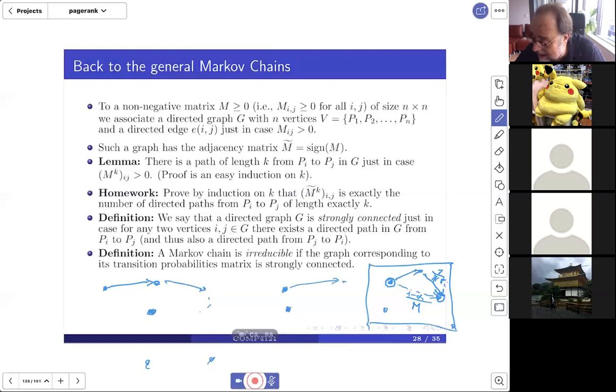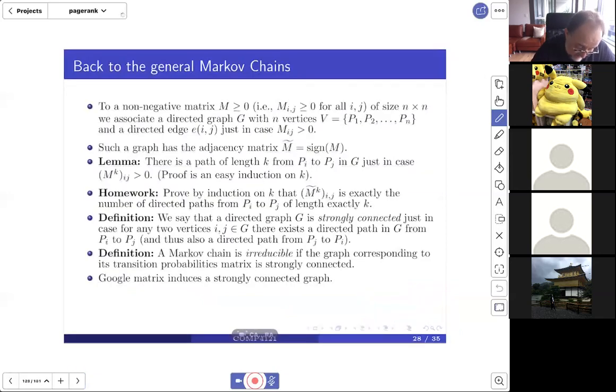In a complete graph, what is the minimal number of edges to connect a vertex i with a vertex j? One edge, exactly. So trivially, our Markov chain is irreducible because the underlying graph is the complete graph, and thus it's strongly connected.